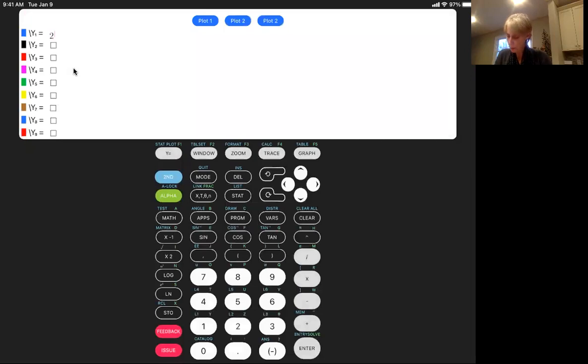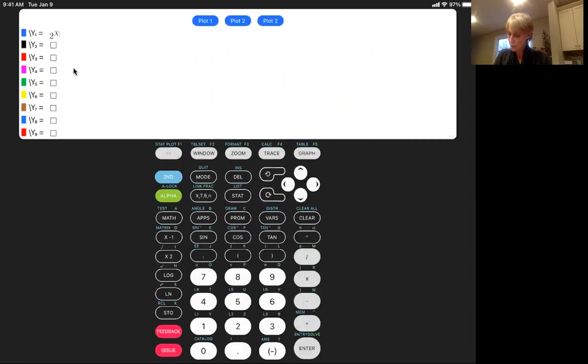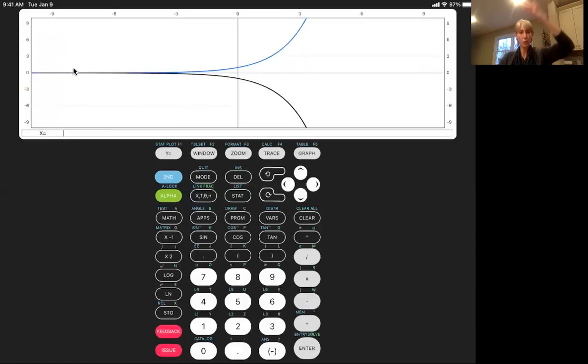I'm going to take a look at that picture. And then I'm going to graph negative 2 to the x, and we're going to see if it does what we said it would do. And yeah, we said it should flip over the x-axis, and that's exactly what it did.